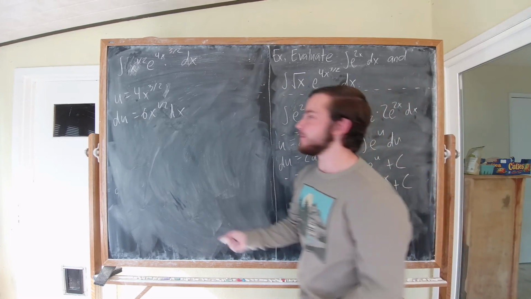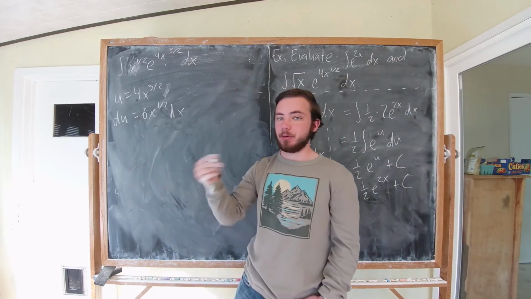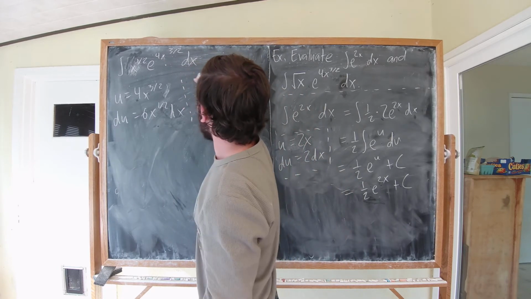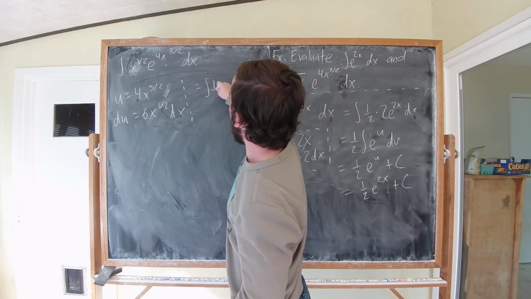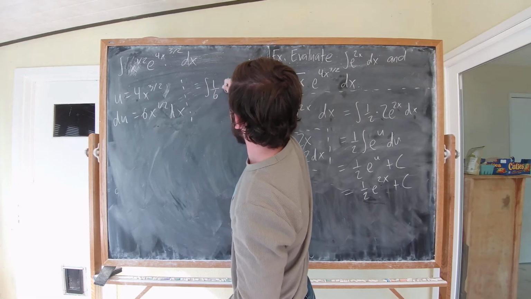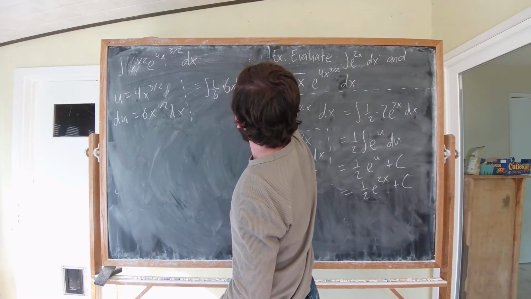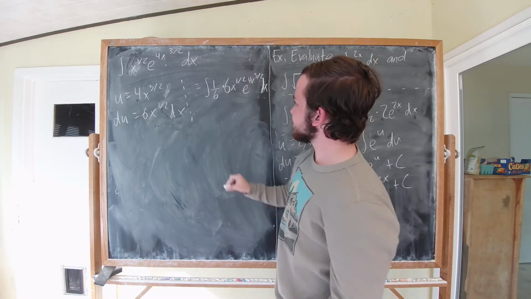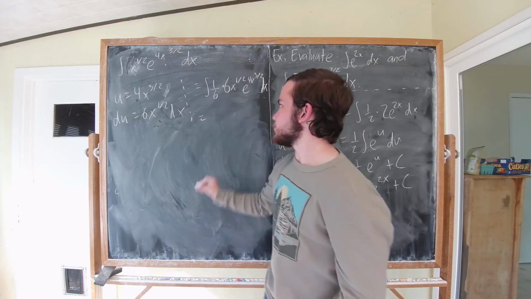Alright, well, the form matches that form. We're only off by a scalar multiple. We proceed. That will be equal to the integral of 1/6 times 6x to the 1/2 e to the 4x to the 3/2 dx. And now we have all the proper parts of our u sub.